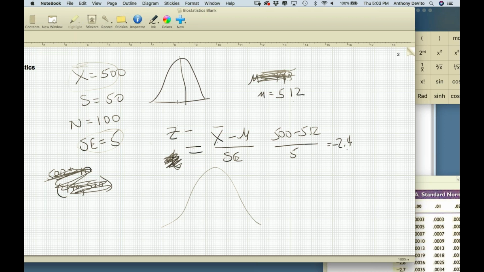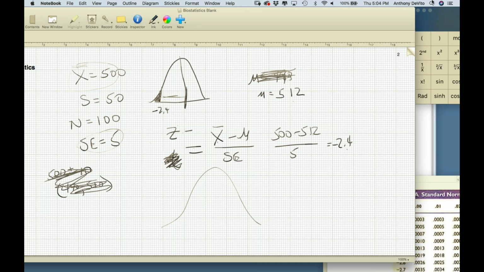What's the probability that I would get a value that's negative 2.4 standard errors away from the mean? How often would that happen, that I would get that big a difference and still be the same mean?